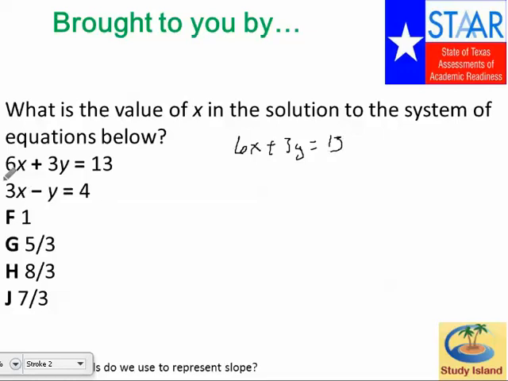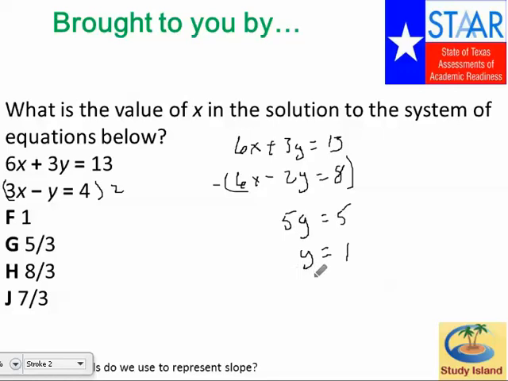And if I multiply this one by 2, I'm going to get 6x minus 2y equals 8. Now if I subtract this whole thing from the one above it, I'm going to get 5y equals 5, or y equals 1.